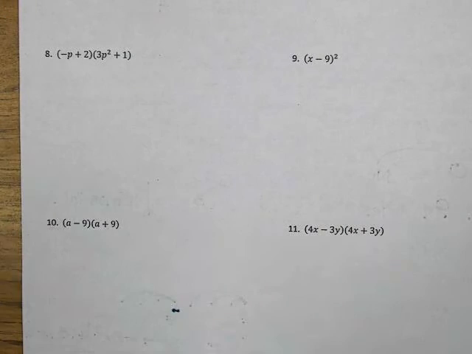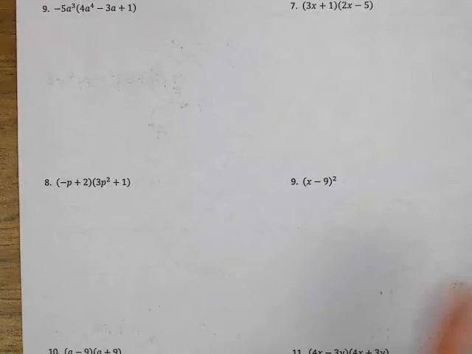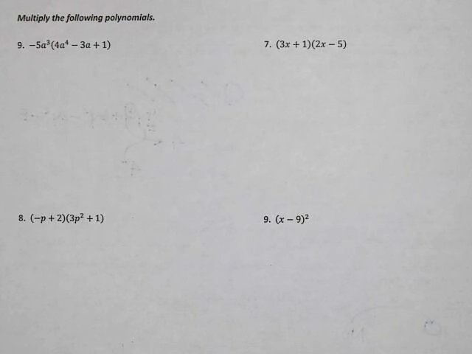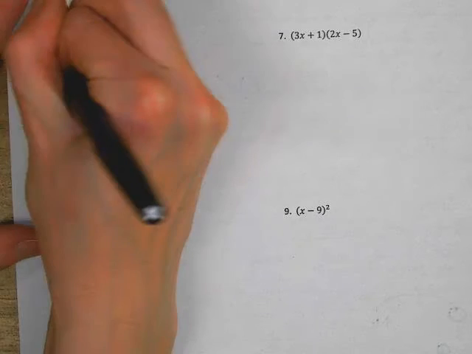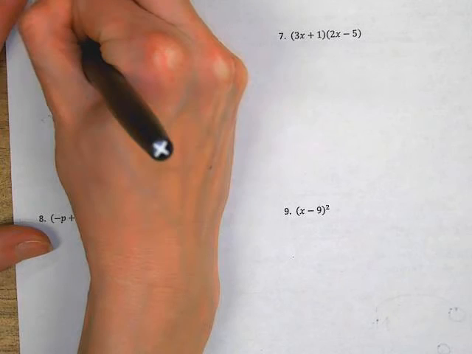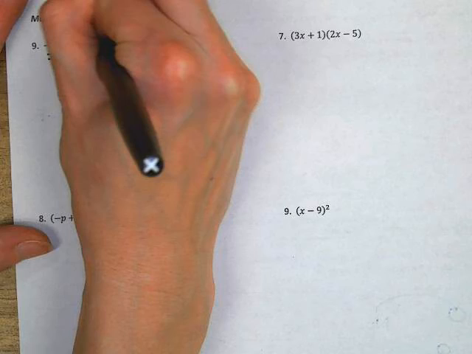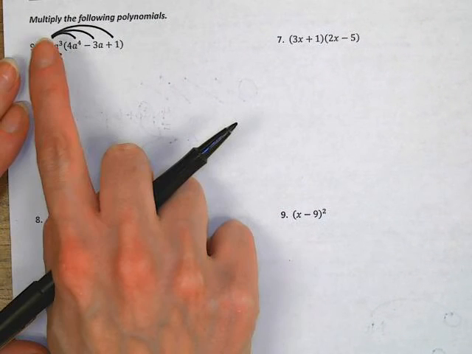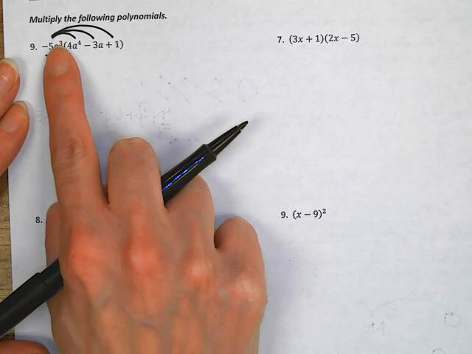Okay, on the back, we have all the multiplying. So multiplying polynomials. I'll just pick a couple of these to do. Okay, so the first one, when you have a single monomial and you have to triple distribute it, because there's 3 terms inside. This is the one where you multiply the big numbers, add the powers.